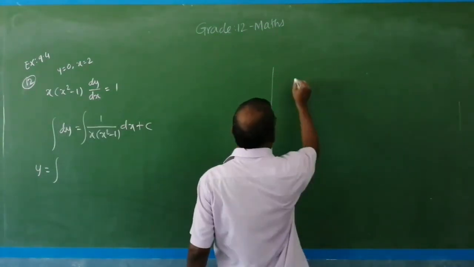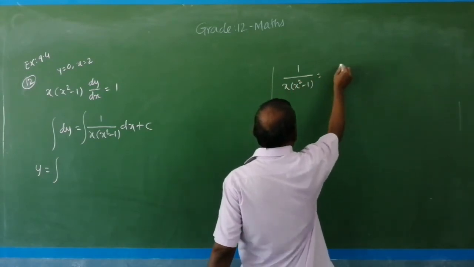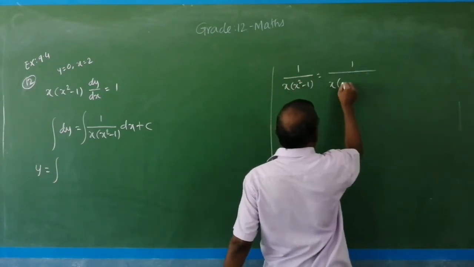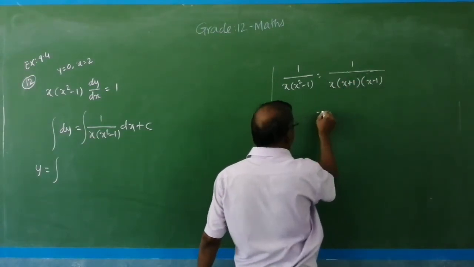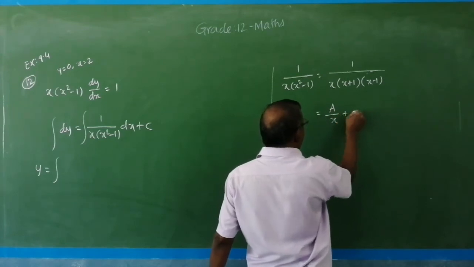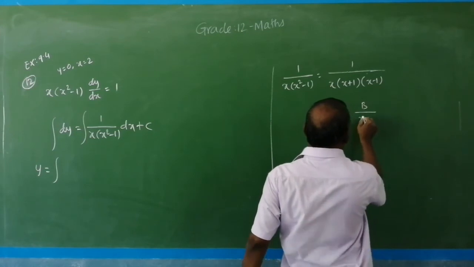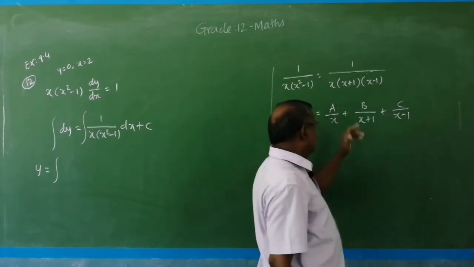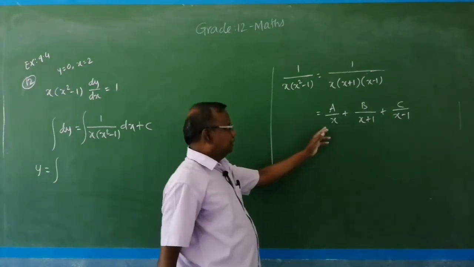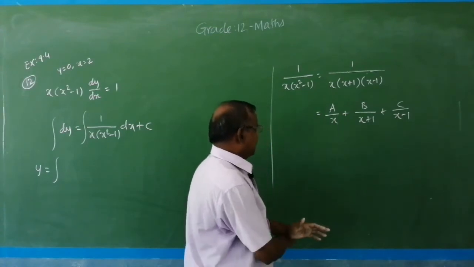Consider 1 by x into x square minus 1 equal to 1 by x into x plus 1 into x minus 1. So this is equal to a by x plus b by x plus 1 plus c by x minus 1. All are linear only, therefore we can split as 3 separate partial fractions.